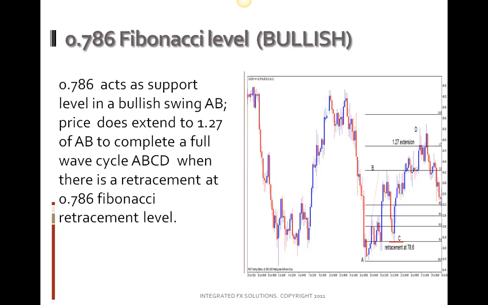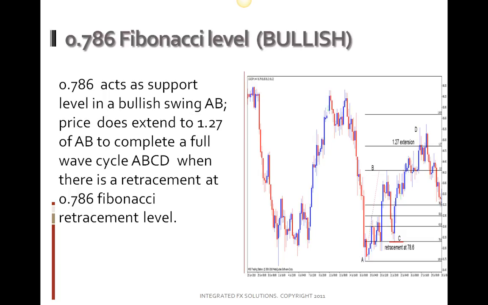0.786 Fibonacci level, now bullish swing. The same thing applies to a bullish swing. Price started from a point A, rallied to point B, and price retraced to point C at 78.6.